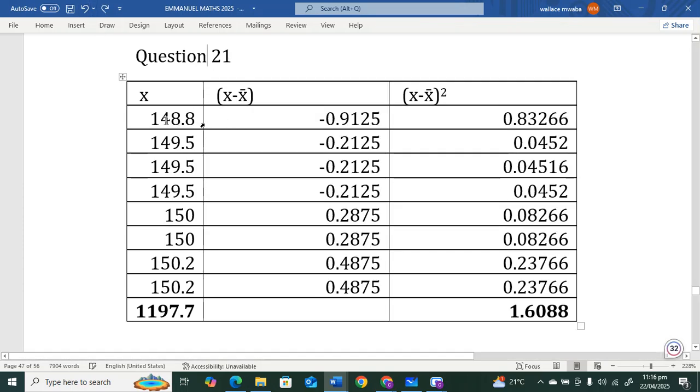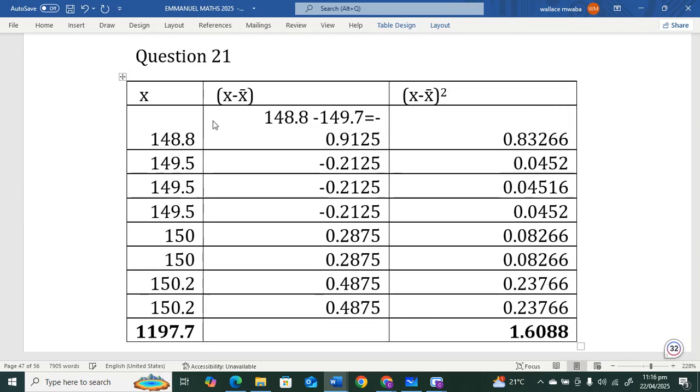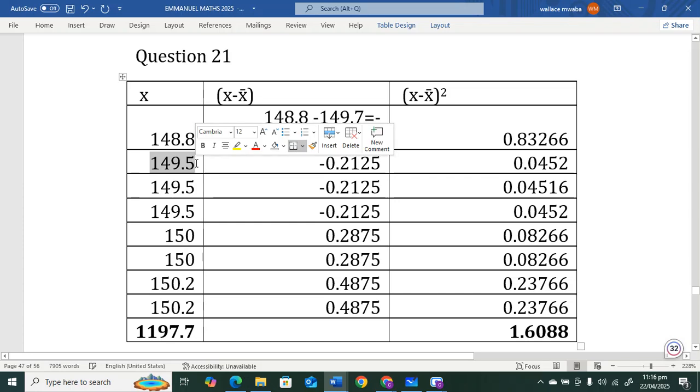You start 148.8 minus 149.7, you get this value. 149.5 minus 149.7, you get this value.